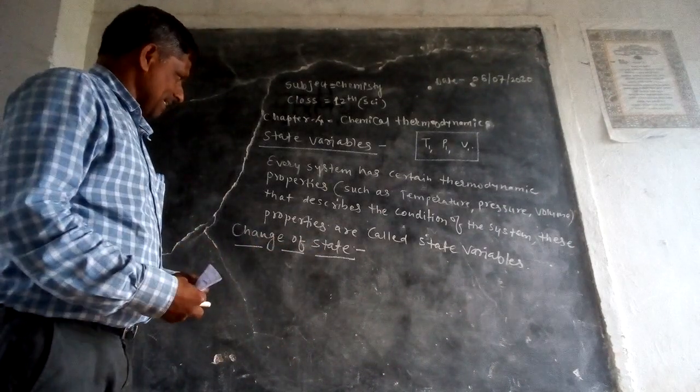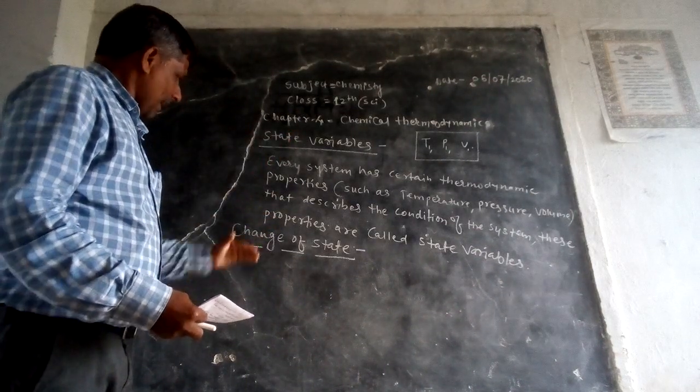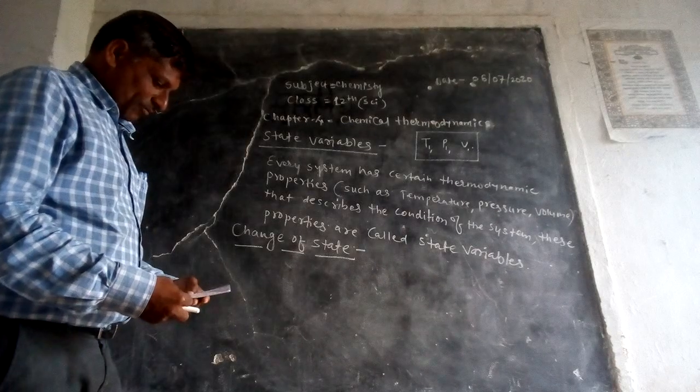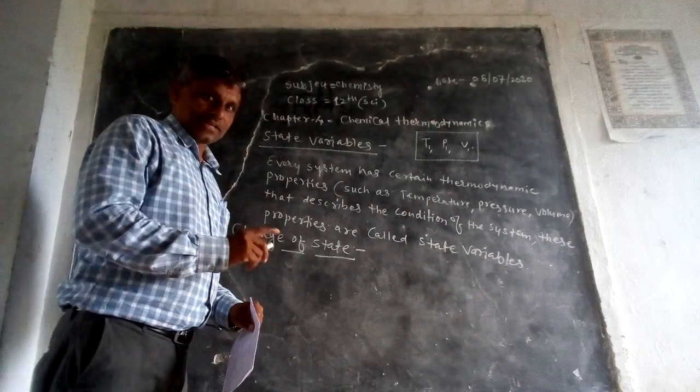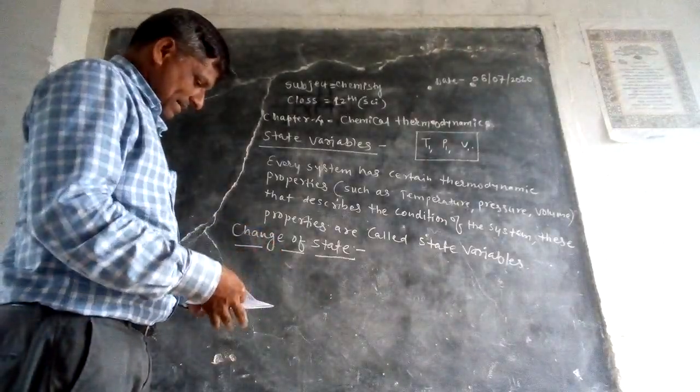Change of state. In the earlier video we have learned state variables, and now we are going to learn change of state. I will write here the definition of change of state, and then I will explain what the change of state is.